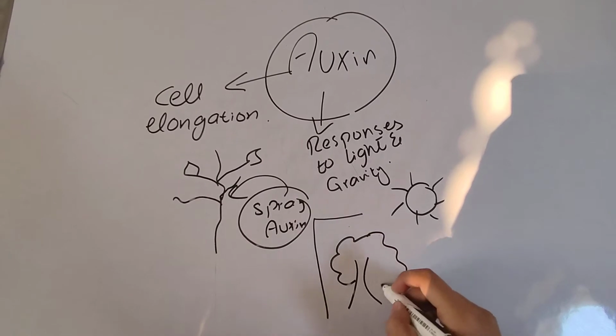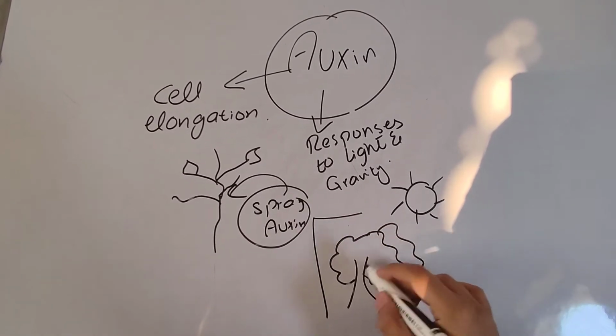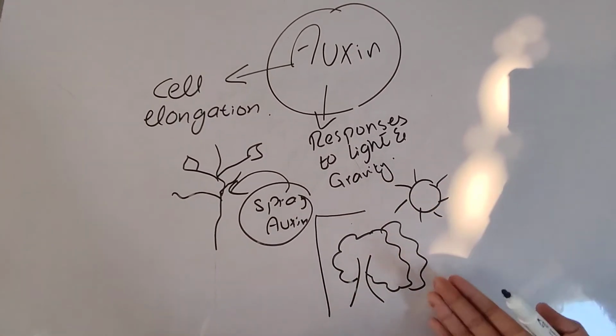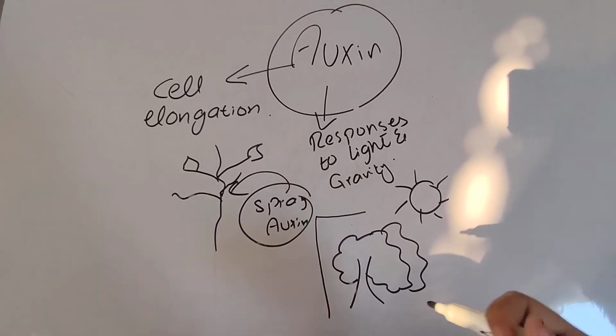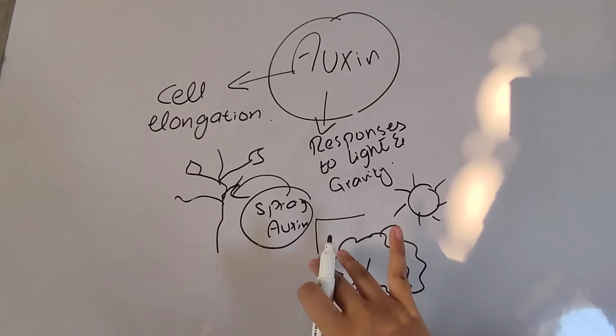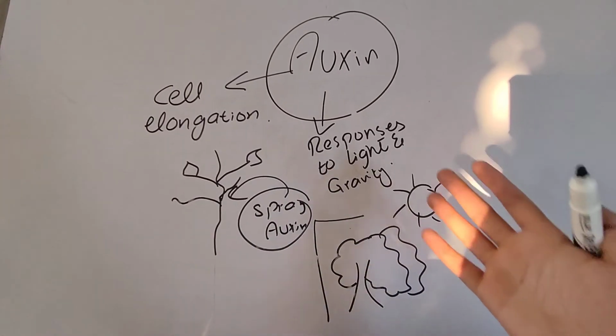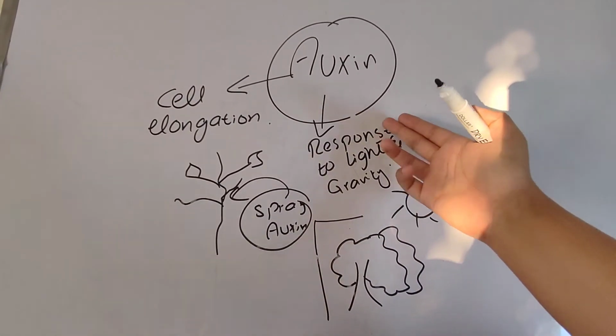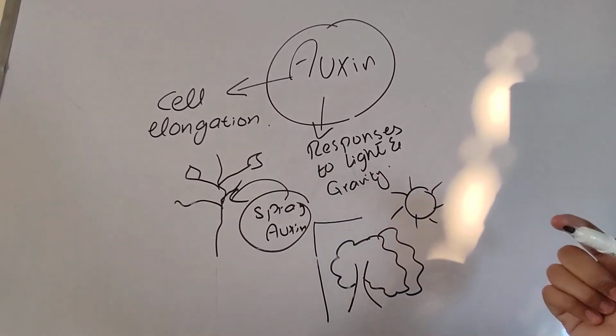So some plants grow more in the presence of light, but in the shaded region their growth is inhibited. So auxin responds to light and gravity.